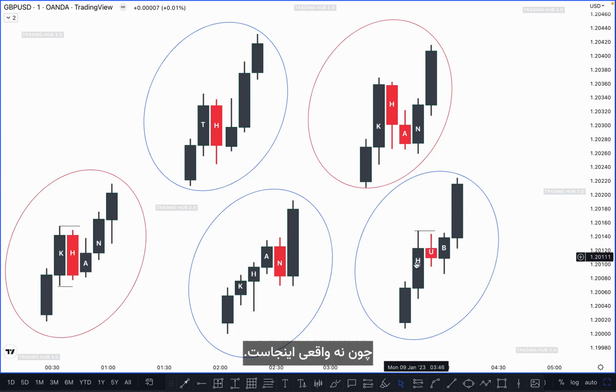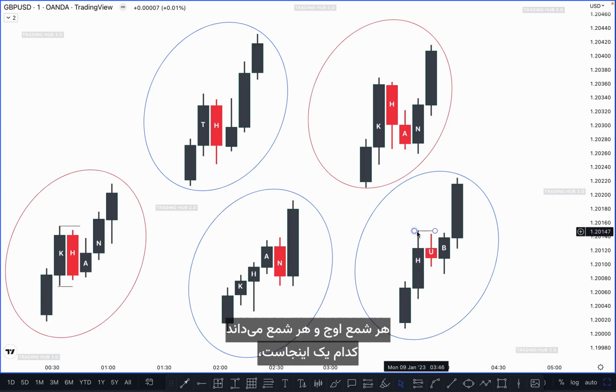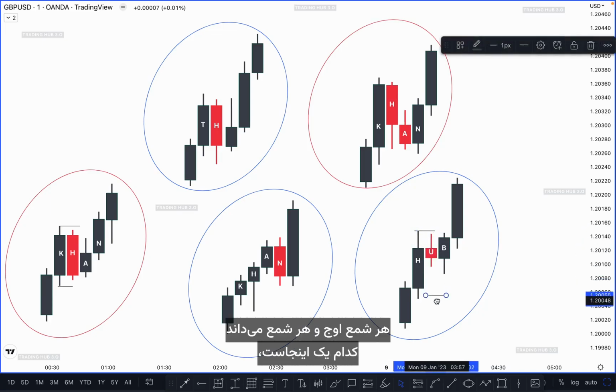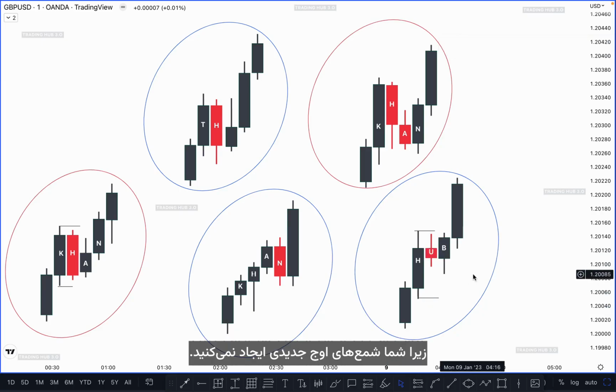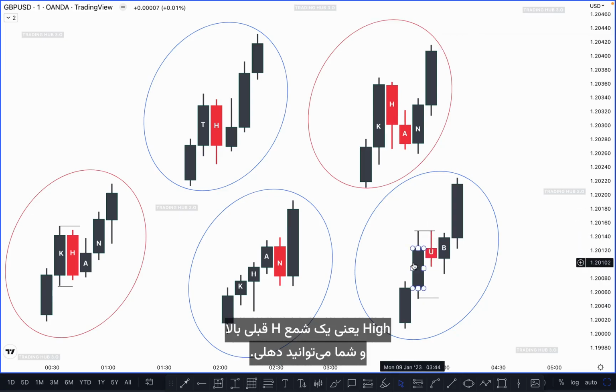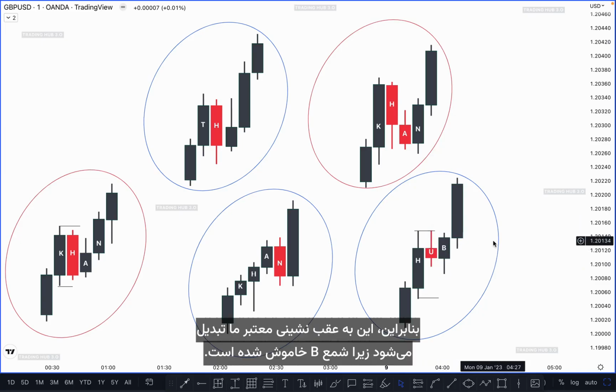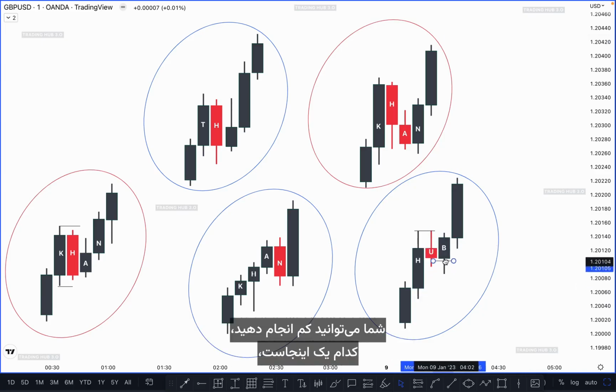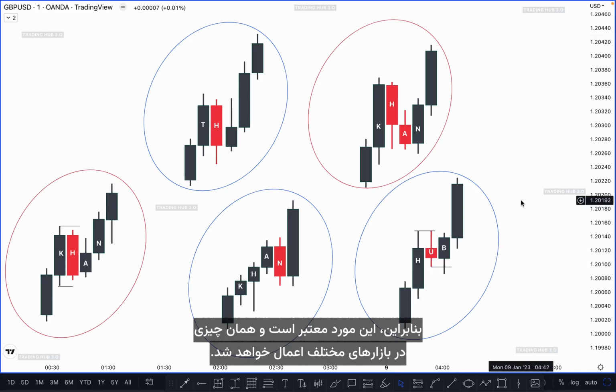Why? Because the actual low is here, the H candle high and H candle low, and the U candle does not create any new high. If the U candle high creates an equal high with the previous H candle high, then this becomes our valid pullback, because the B candle takes out the U candle low, which is here, right? So this becomes our valid pullback.